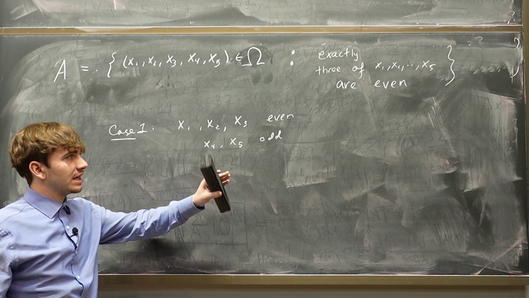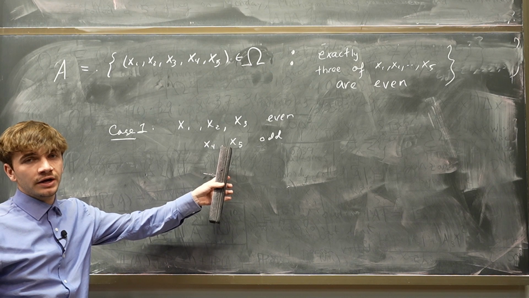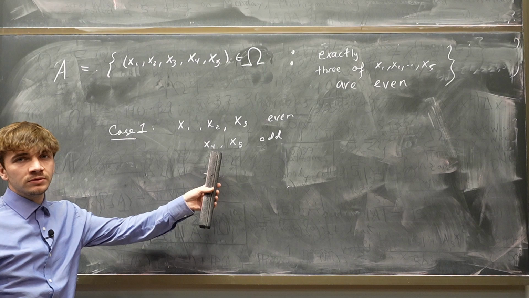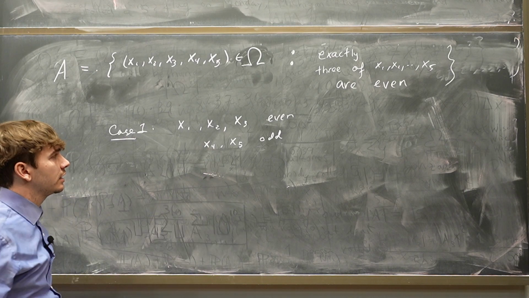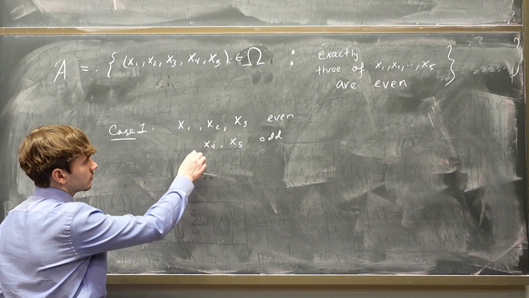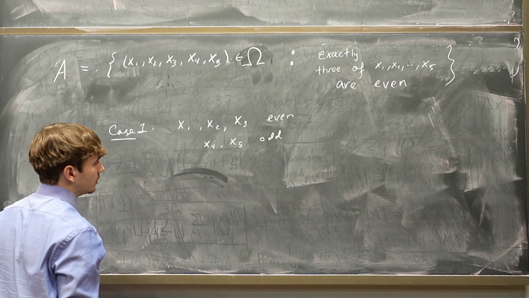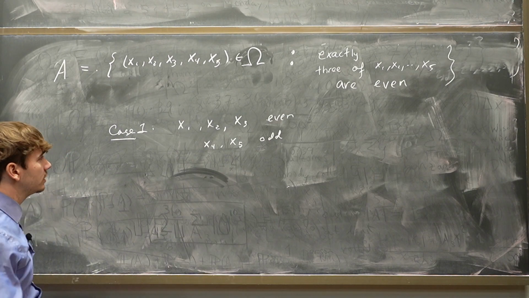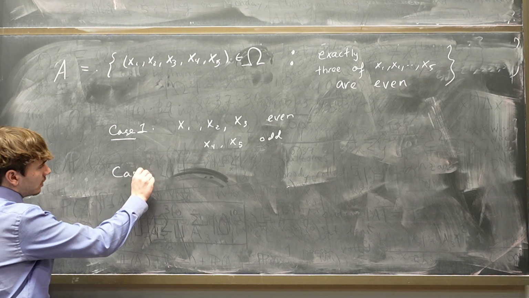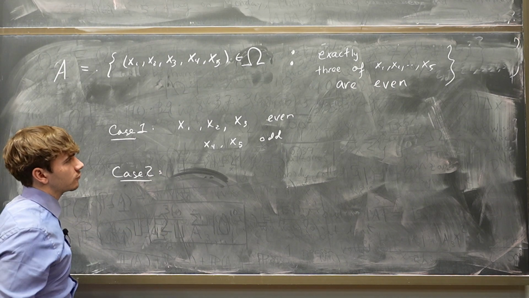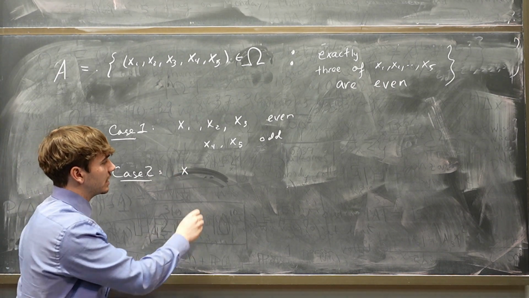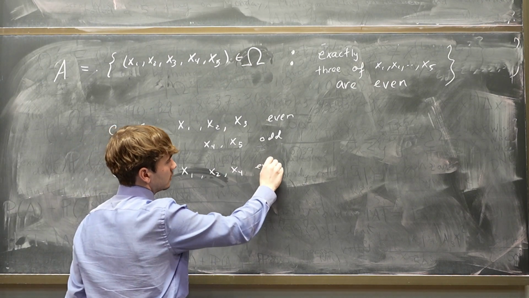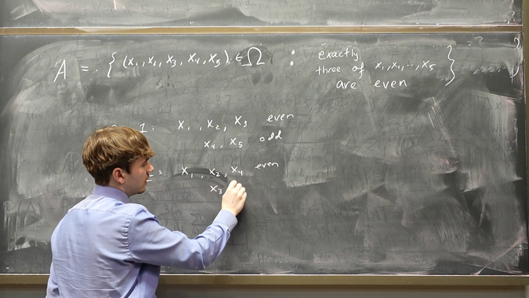This possibility will have a certain probability of occurring. Once we calculate the probability of this event occurring, then we can just multiply this by essentially 5 choose 2. The reason is that another case could be x1, x2, x4 even, and then x3 and x5 odd.